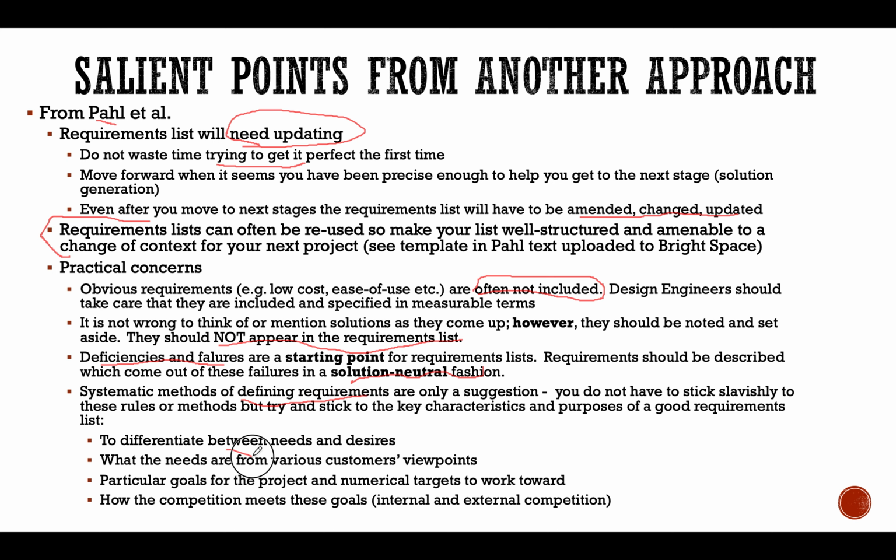So, key ideas: differentiate between needs and desires. Make sure you don't assume what somebody says is an actual need. You have to dig into it and prove with qualitative and quantitative data that it truly is a need. And don't think that any of your ideas are necessarily needs and wants just because you see an issue.